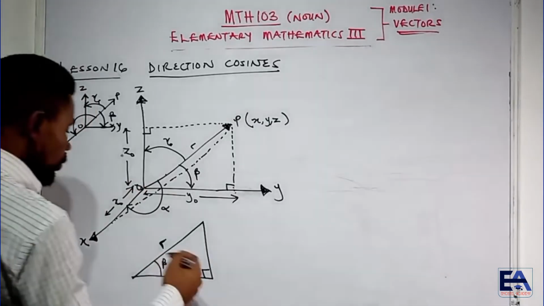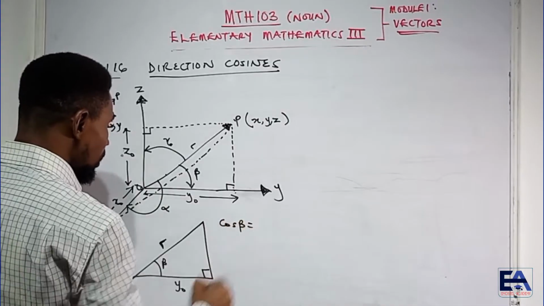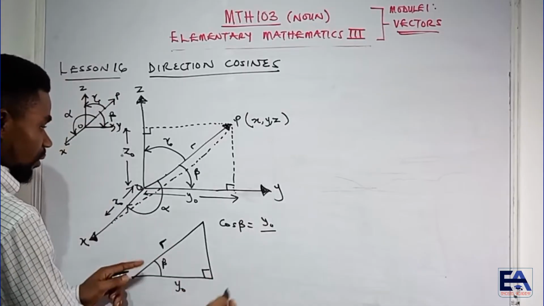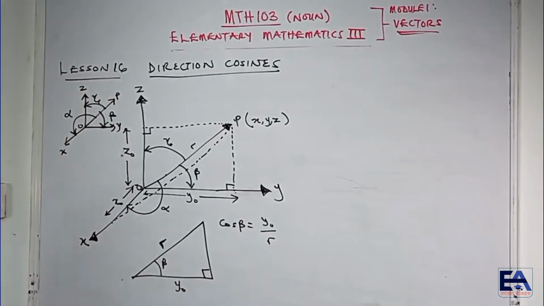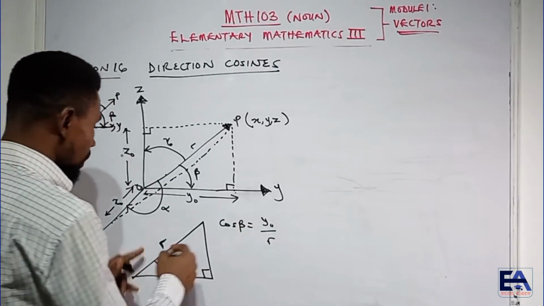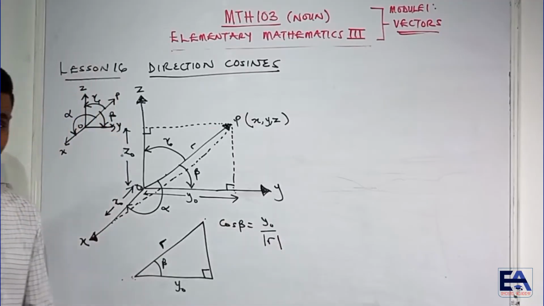Through trigonometry, we know that the cosine of any angle is equal to the adjacent over the hypotenuse. Remember, we are talking about the length of this line, so it's going to be in magnitude and not the vector.